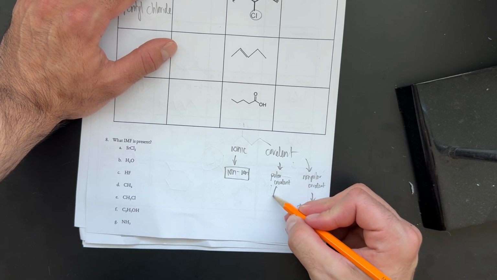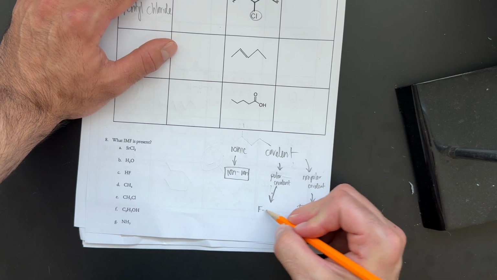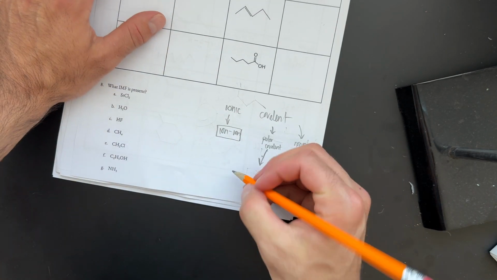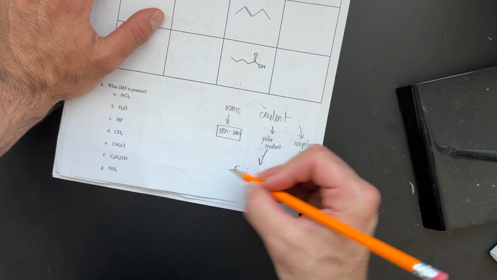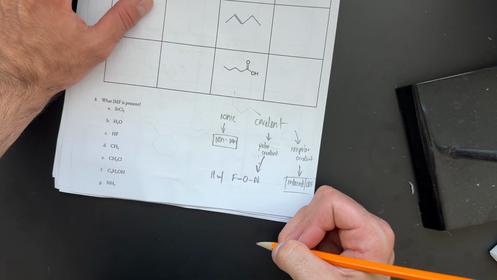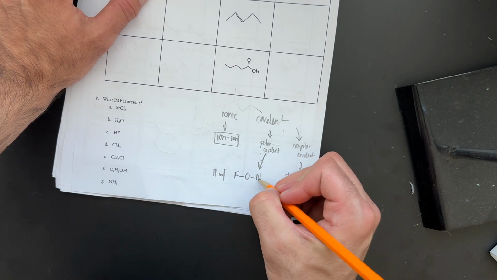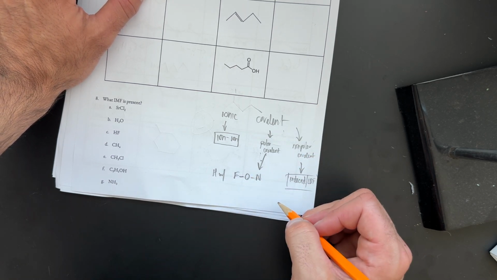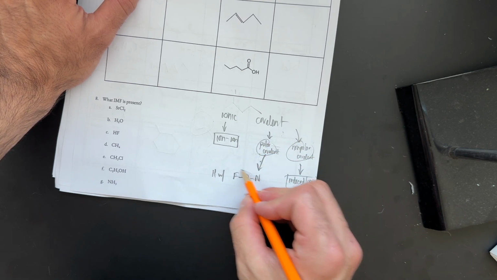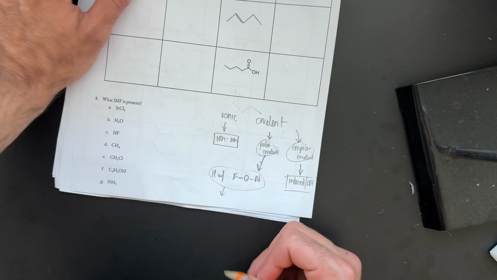But if you have polar, you have to figure out, is it just a normal polar, or is it polar as a result of H with phone? Remember the phone? I had someone try to call me on my phone. With fluorine, oxygen, or nitrogen. If you have H bonded to fluorine, oxygen, or nitrogen, then you're going to have what we call a hydrogen bond IMF.